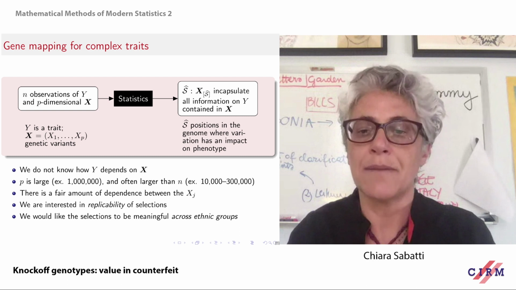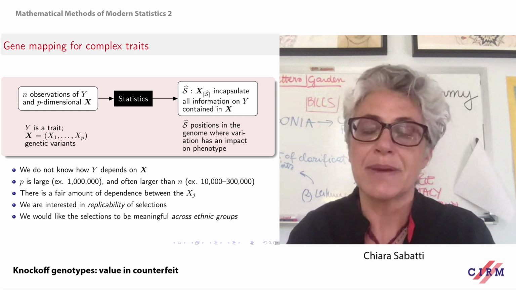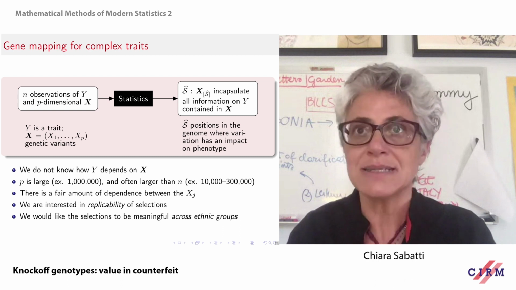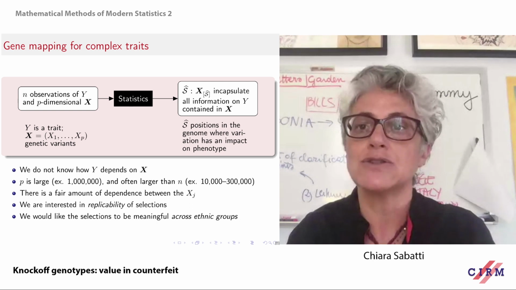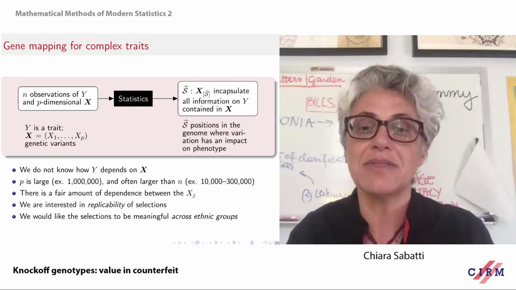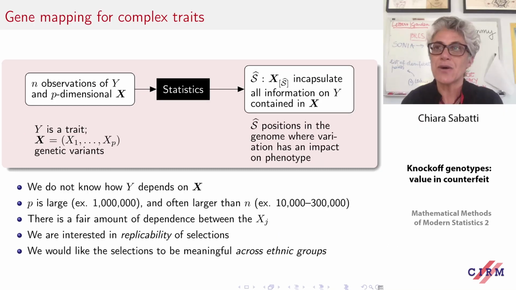We want to learn this S hat because we want to develop drugs, so we need to know which biological pathway to target, and we don't want to make too many mistakes in the selections. Another challenge is that we really want these selections to be meaningful across ethnic groups, so we want them to be robust.